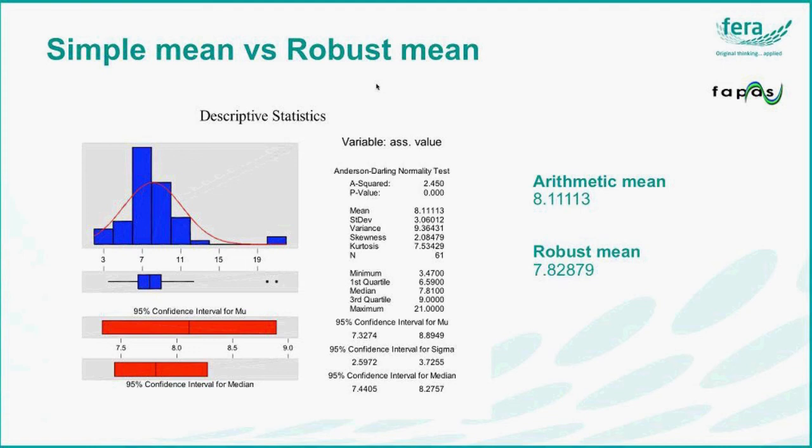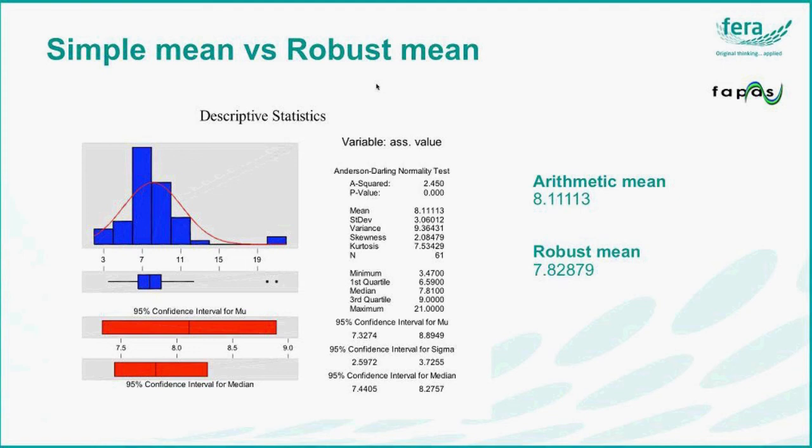We could use exclusion criteria, some kind of outlier test, but the thinking in the statistics is that it's preferred to use a robust method instead.